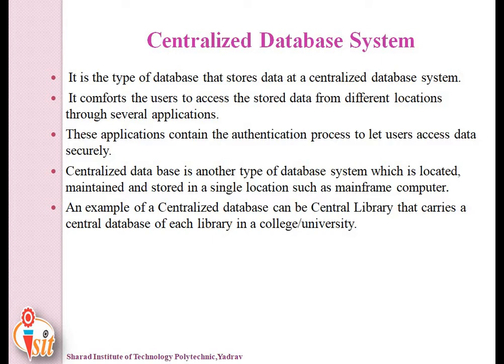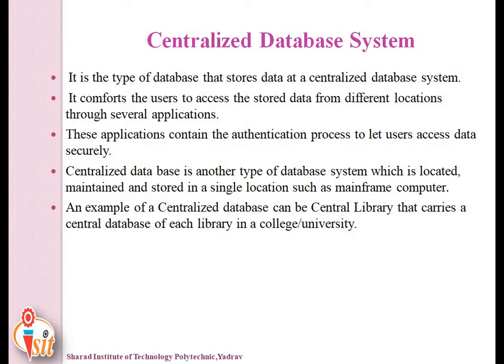It is a type of database that stores data in a centralized database system. It allows users to access the stored data from different locations through several applications. These applications contain the authentication process to let users access data securely.